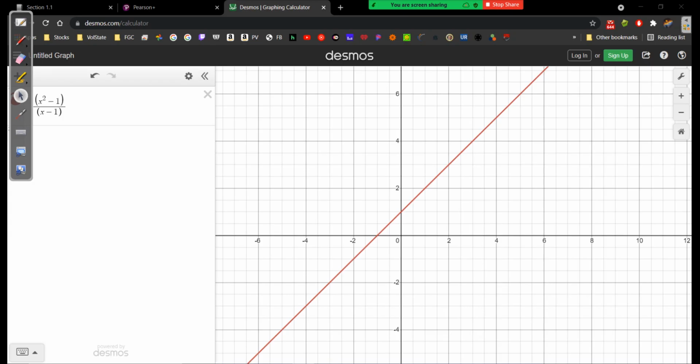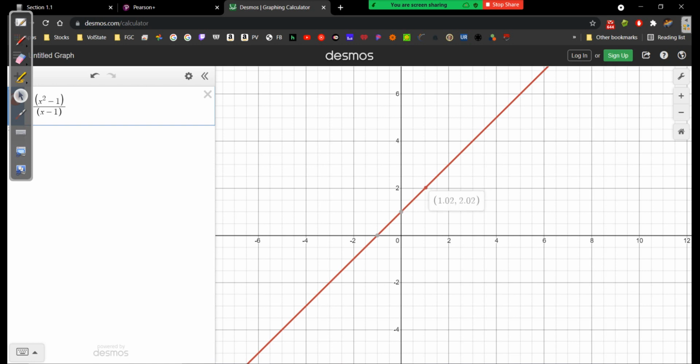Graphically, it's obvious. Going left to right, at -2 it's -1. At 0, it is 1. But as we approach 1, we are actually undefined here.